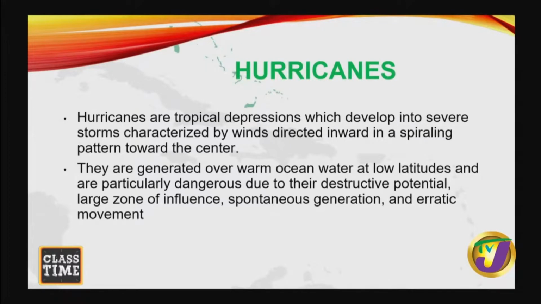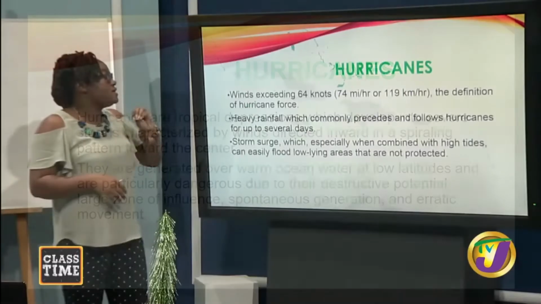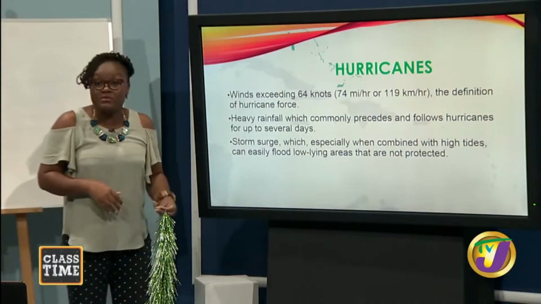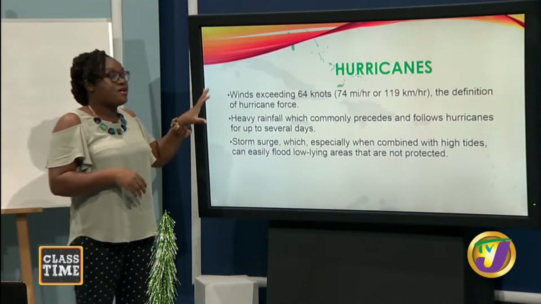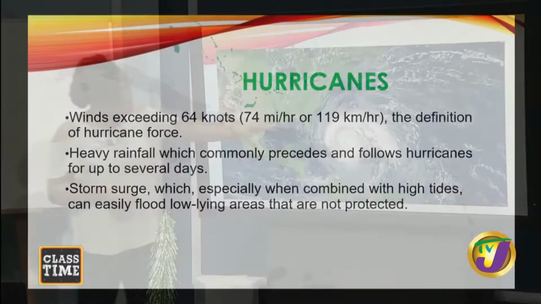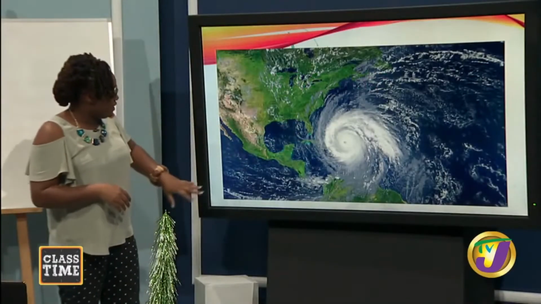And don't we know that all too well? Winds exceeding 64 knots, heavy rainfall, storm surges, these are the common things that we see when we talk about a hurricane occurring in the Caribbean. All right, so there we have it. This is how a hurricane looks.